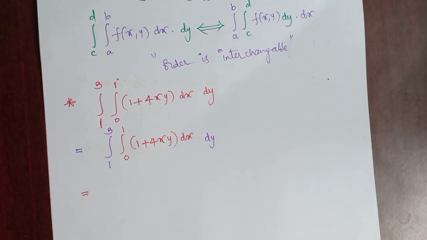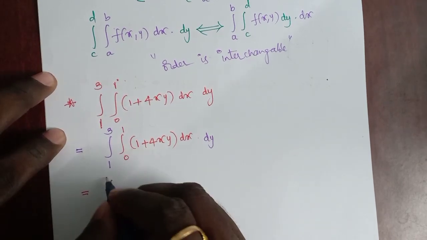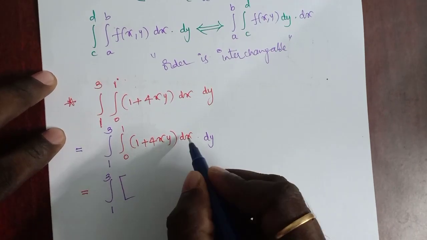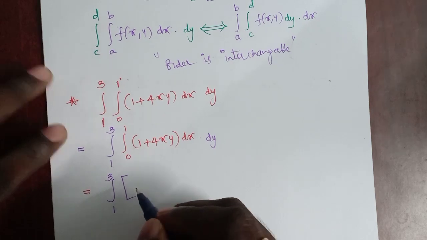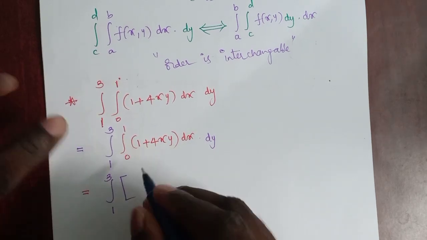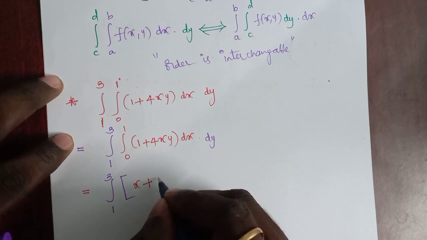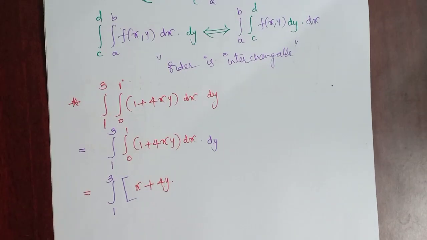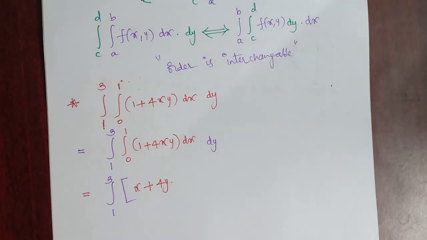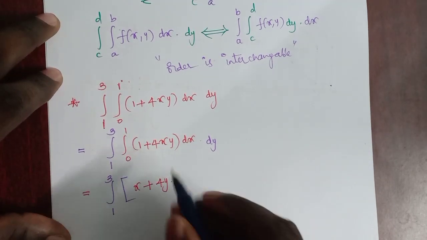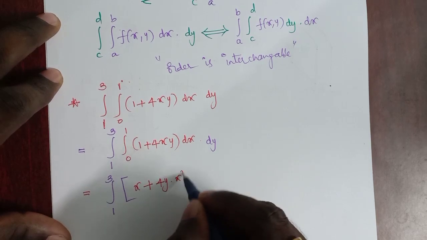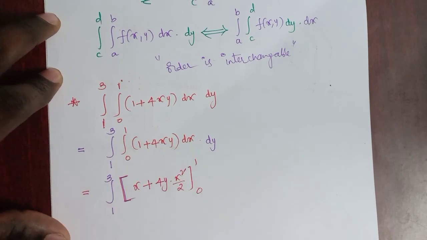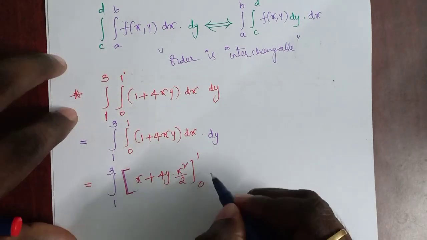Now finding the integration for this: integration of 1 with respect to x results in x, plus 4y is a constant, and the integration of x is x square by 2. The boundaries are 0 to 1 and dy.